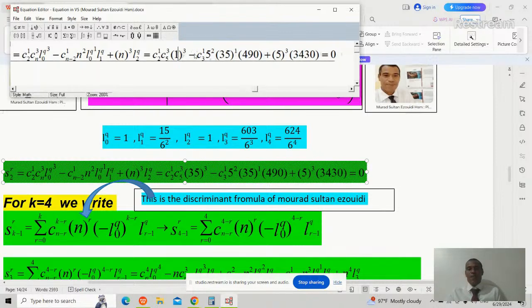This is, of course, 1 because L0 for q is 1. This is, learners, we told is 15 over 36. Or it's better to write 6 squared for you to get the point. This is 2, this is 6 squared.